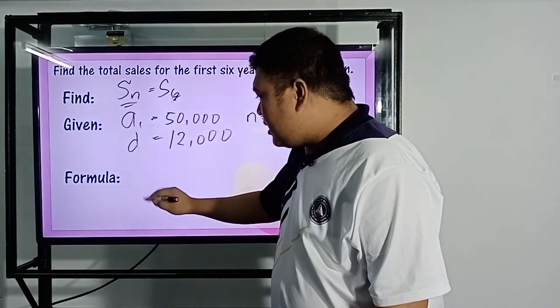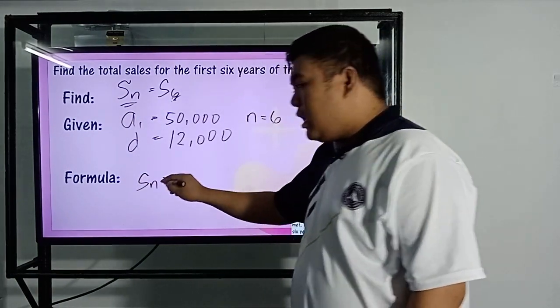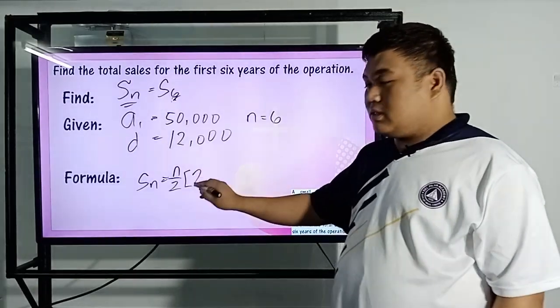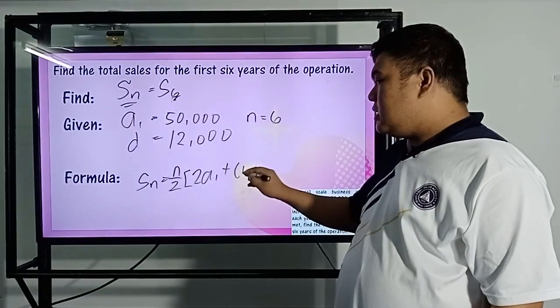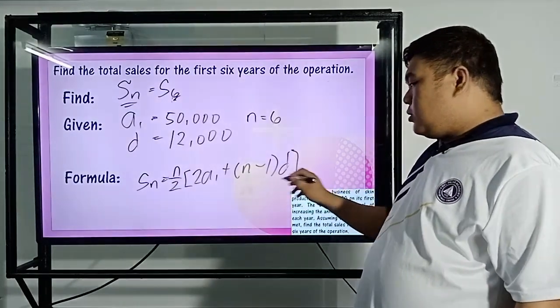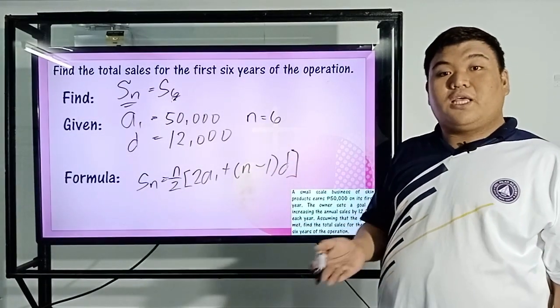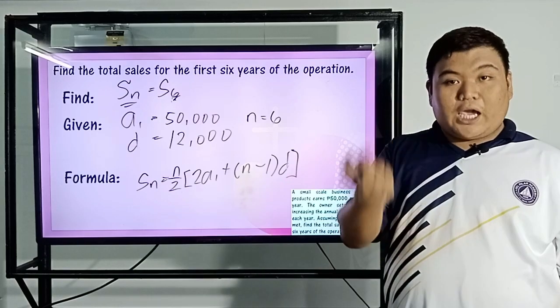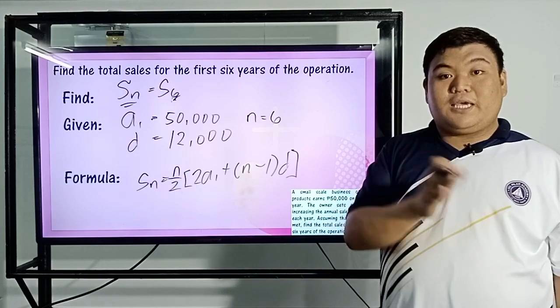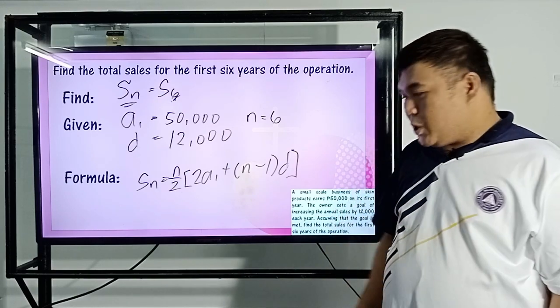So, for the second formula, we have S sub n equals n over 2 times 2a sub 1 plus n minus 1 times d. So kung gusto nyo po ay itry din gamitin yung unang formula, kayo na po yung bahala. As long as check natin mamaya kung magiging parehas tayo ng sagot.